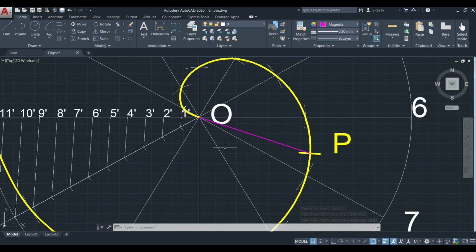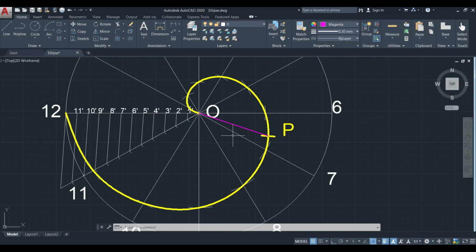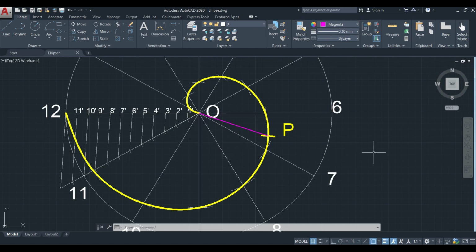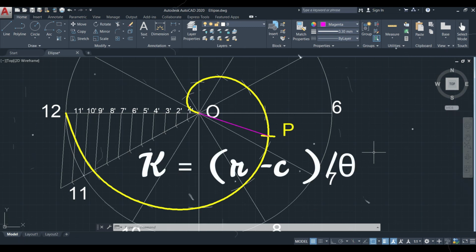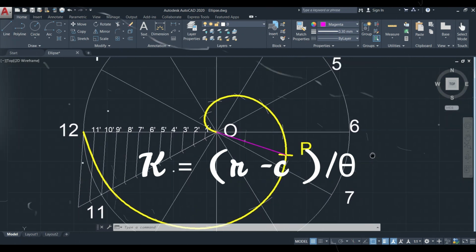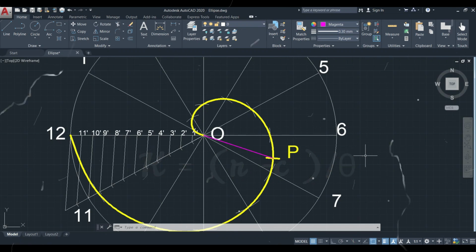Then next we have to calculate a constant value which is constant for a specific spiral. Here we have the formula constant K equal to (R minus C) by theta, where R is the radius of the larger circle and C is the radius of the smaller circle if there is any.